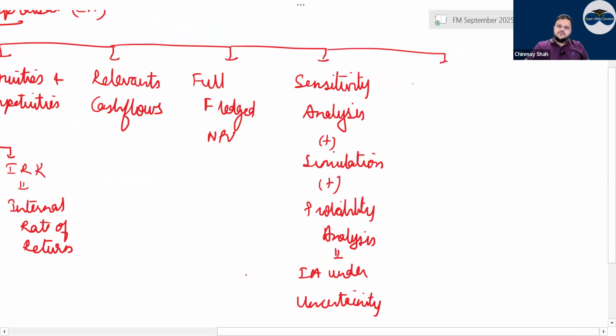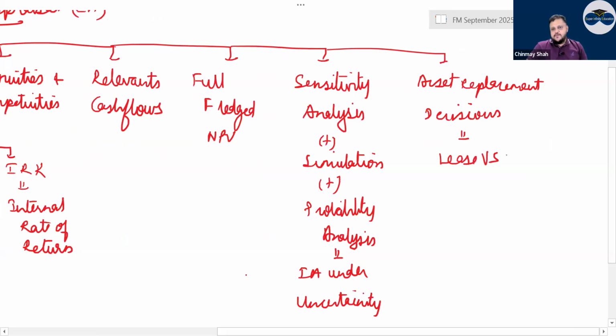Right. Then asset replacement decision. Asset replacement decisions. That is lease versus buy. Second is EAC.